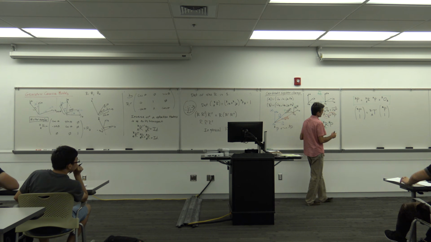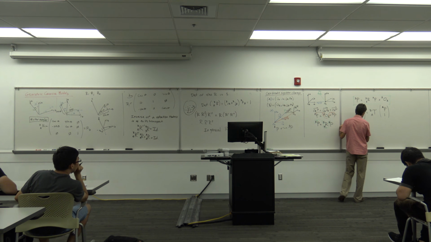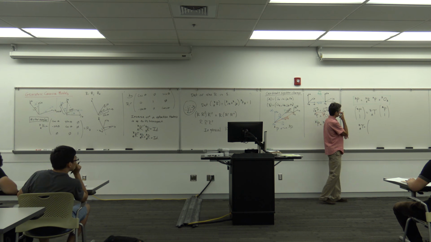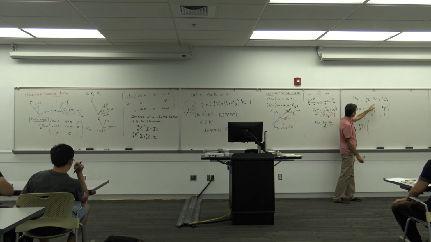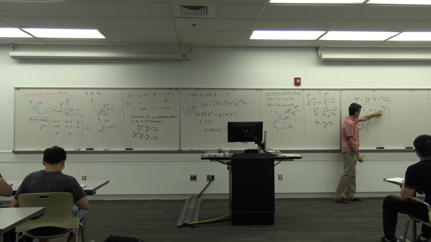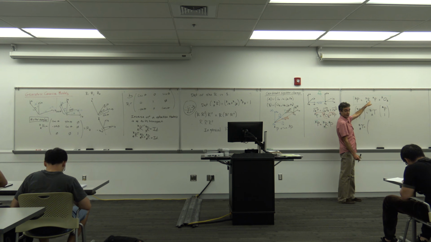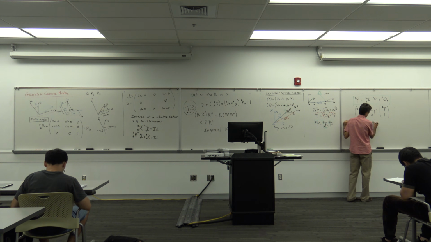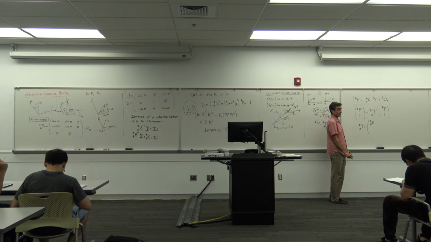Now, in that particular case, what is this transformation from A to B equal to? Let's see. I need to multiply by something times PA. What's that something? R from A to B, right? So far, so good.